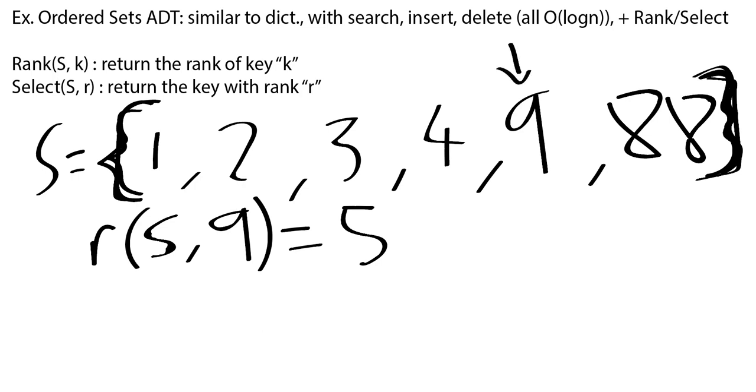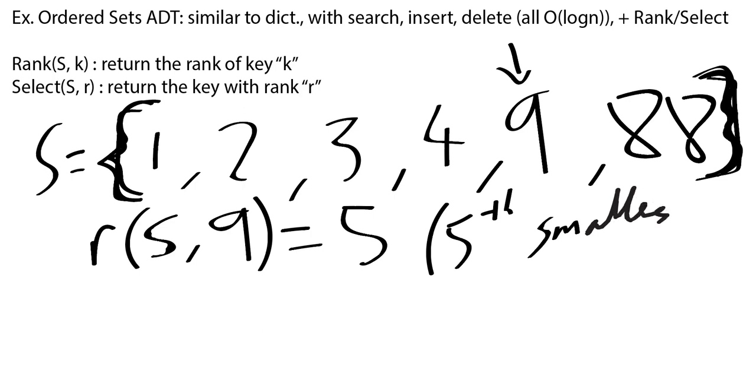It is the fifth smallest element. So that's why it returns 5 for the rank. And similarly, if we do select, let's say we select the item which is the 6th rank.